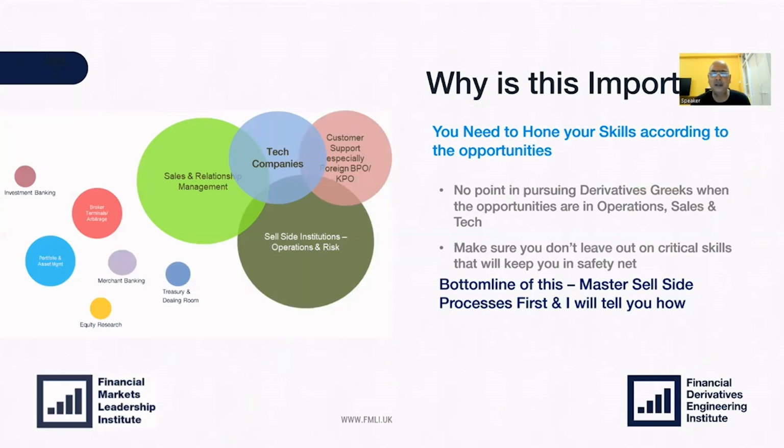But my argument is, I see students immersing in a lot of derivative Greeks or payoff diagrams, etc. There is no point in pursuing derivative Greeks if you do not understand the more critical aspects of derivatives. For example, how to calculate positions, how to calculate initial margins, how to calculate mark-to-market margins, how margin payout takes place, how settlement happens.